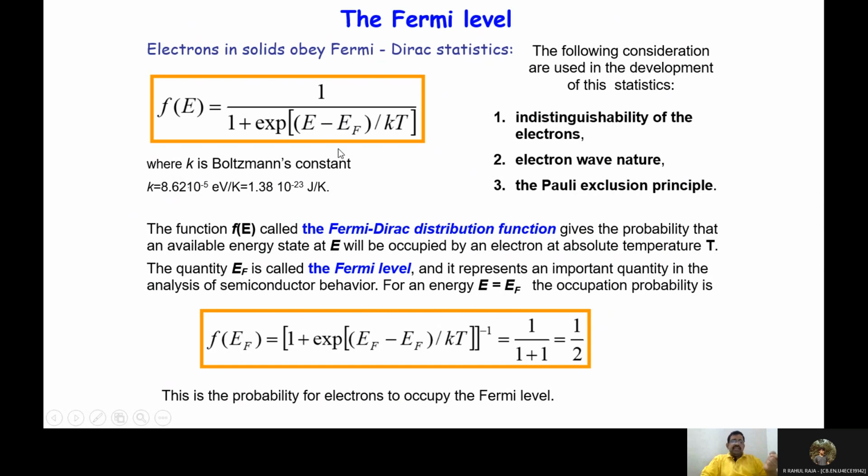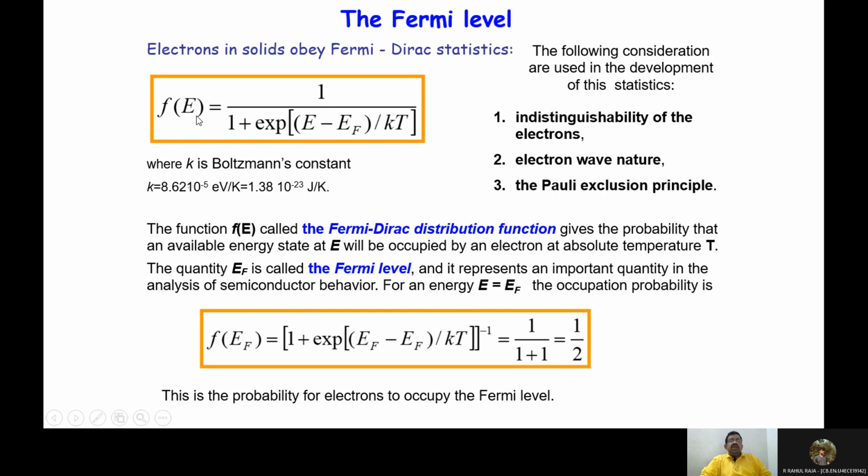When E is greater than EF and at T equal to 0, this is a positive quantity, and therefore we get exponential of infinity. What is exponential of infinity? It will become infinity. Therefore, 1 by infinity will be 0.